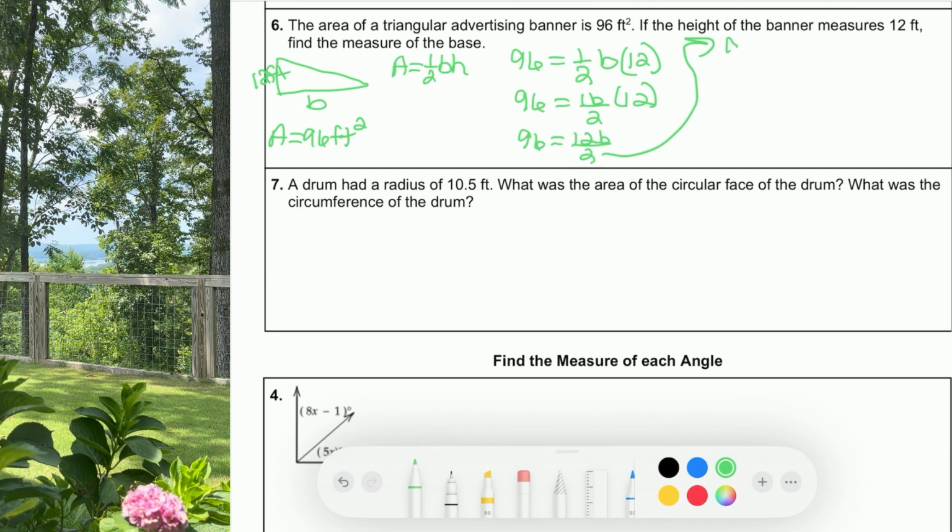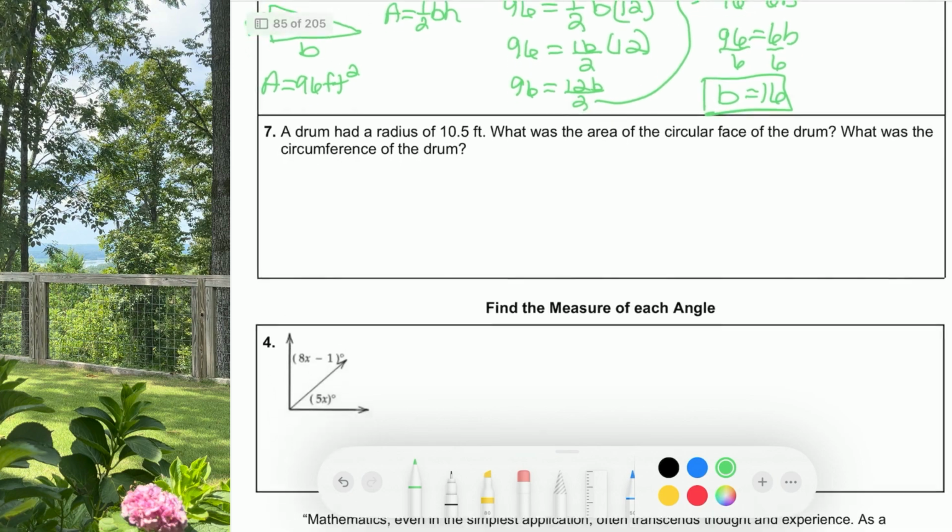Bring this up over here. 96 equals 12 divided by 2 is 6. So we get 6b. Now I'm going to divide both sides by 6. And I get b equals 16. So we're done with that one.